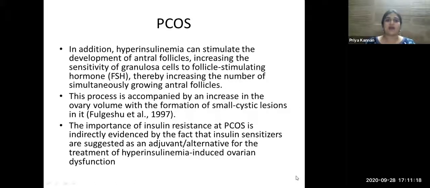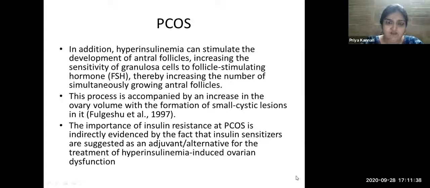In addition to hyperandrogenism, hyperinsulinemia also stimulates the development of antral follicles. How it happens: it increases the sensitivity of the granulosa cells to FSH.